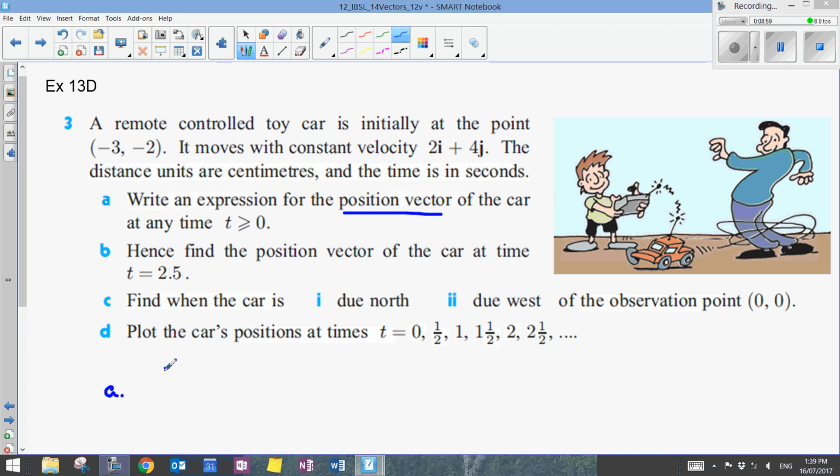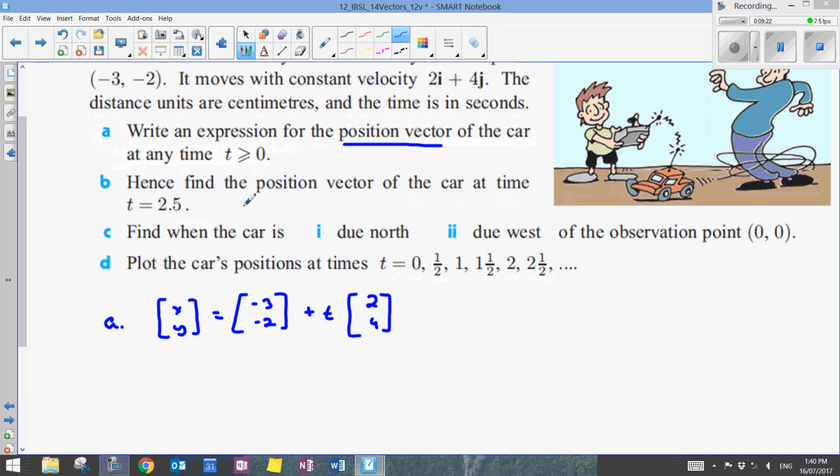Again, I would start by trying to outline what this line of motion is going to look like. So we're talking about two-dimensional vectors here. We have a starting position of -3, -2, and then for every unit of time that's passing, we are traveling in the direction of 2, 4. So once I have that laid out, I can answer a lot of these questions.